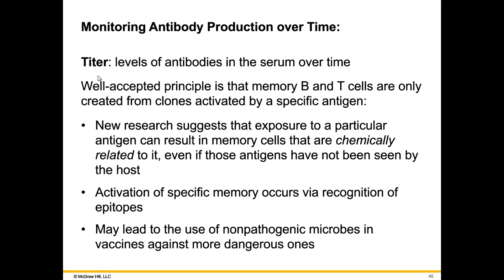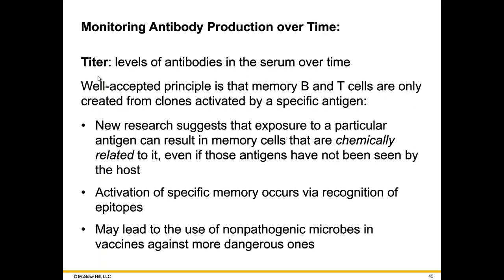Same with getting the vaccine. Just because you get the vaccine, you may still contract the flu virus, but it will either not make you sick or not make you as sick, even if it's not the exact same strain that was in the vaccine, because it's chemically related to it. So it still serves some kind of component of protection.